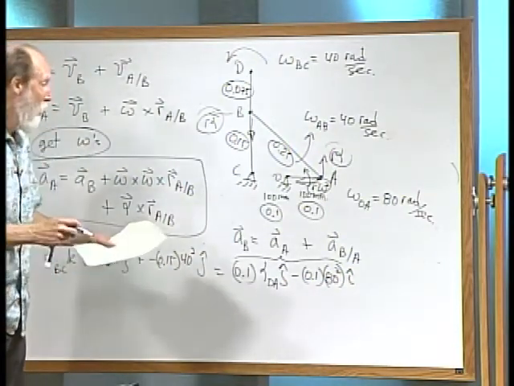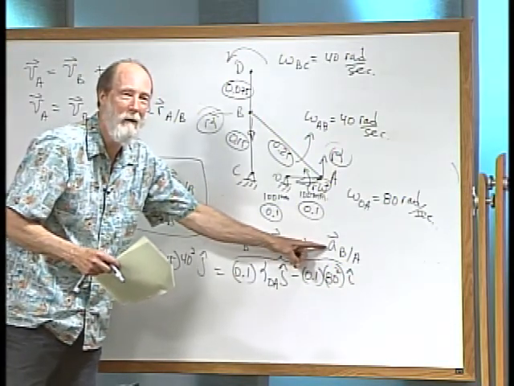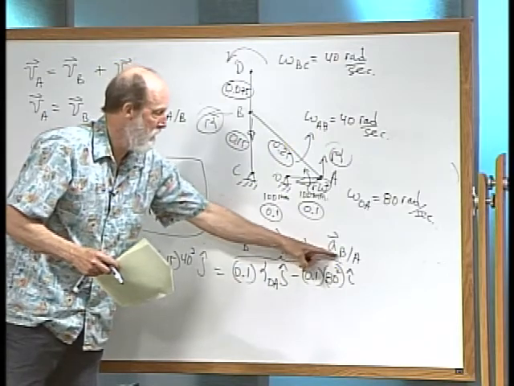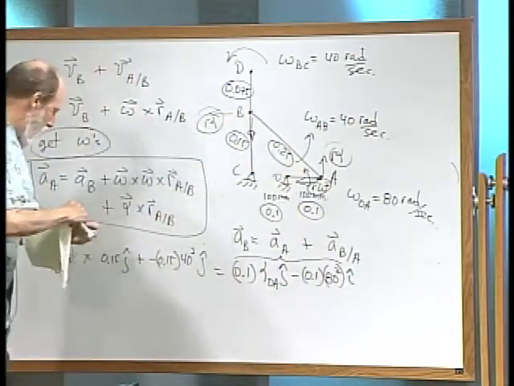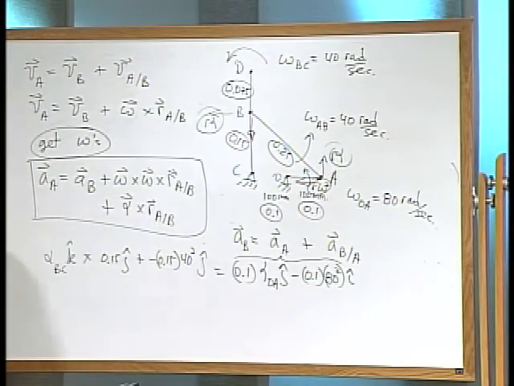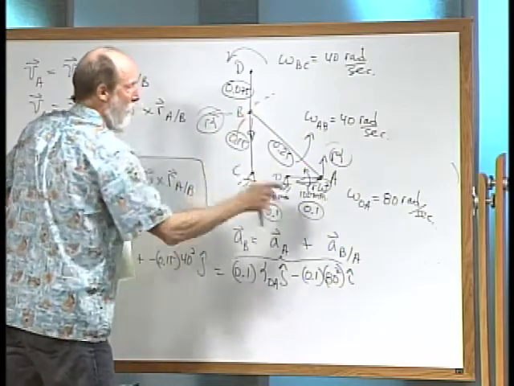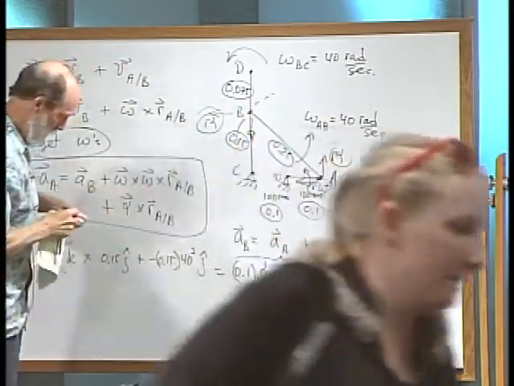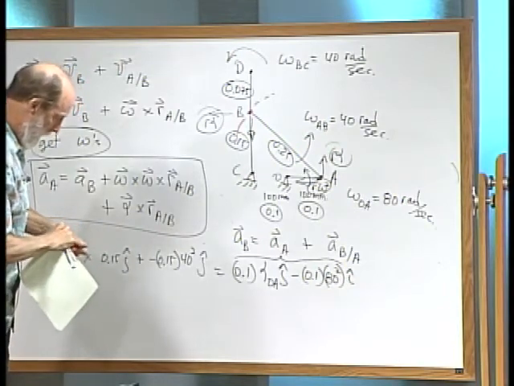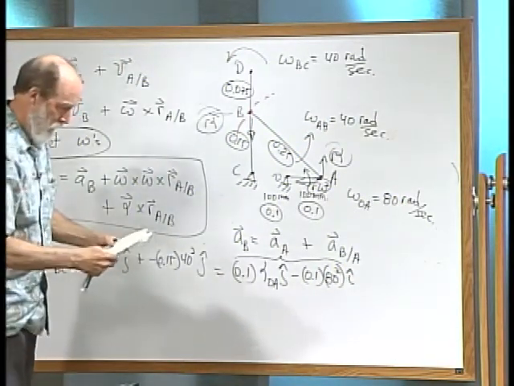Okay. Where it gets a little stickier now is this guy. The acceleration of B relative to A. That's, again, that potential circular motion type of thing about point A. So what we have happening there, I've written the detail out.